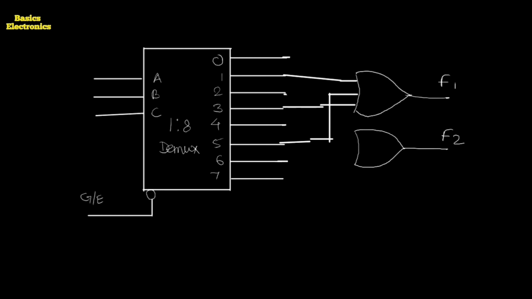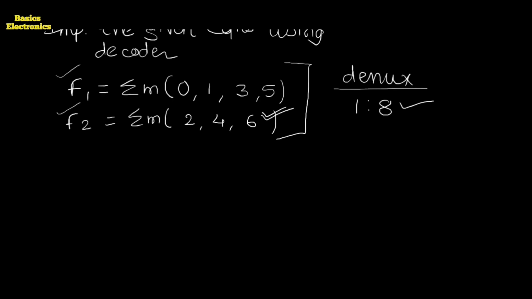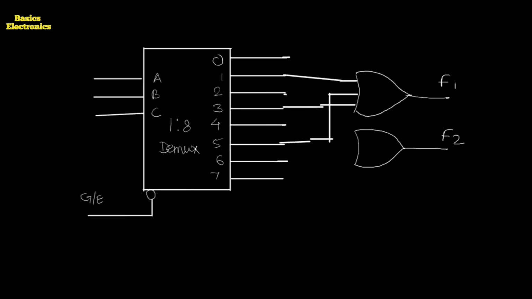Okay, then next one is for the second gate having the output F2. So for that gate, the inputs are here 2, 4, 6. Only 3 inputs are there. So here we connect second line. I am using a different color so we can identify it easily.